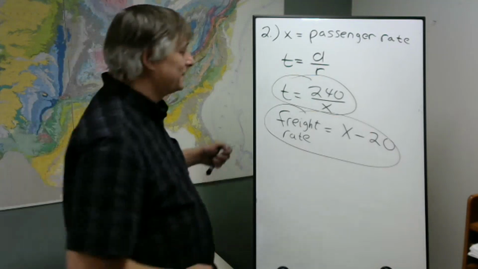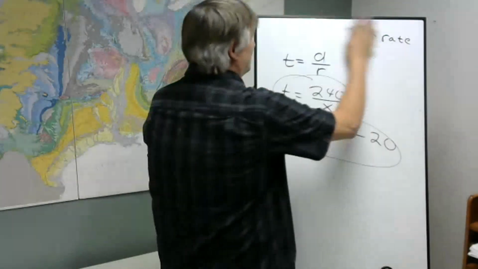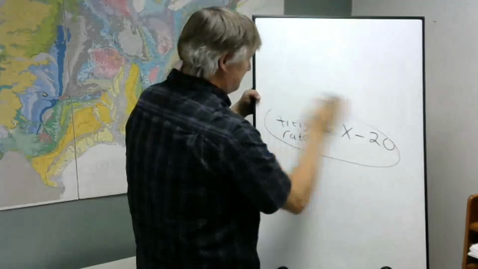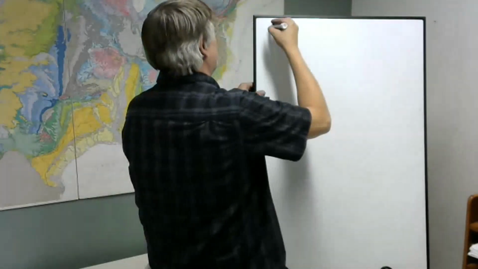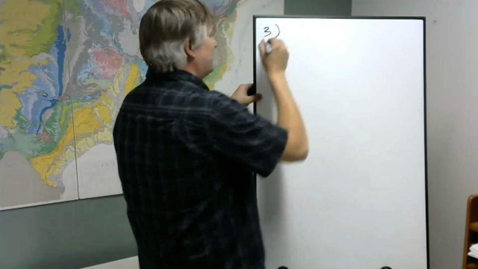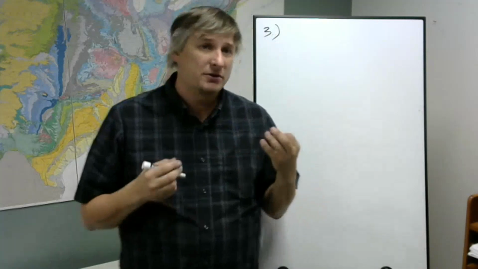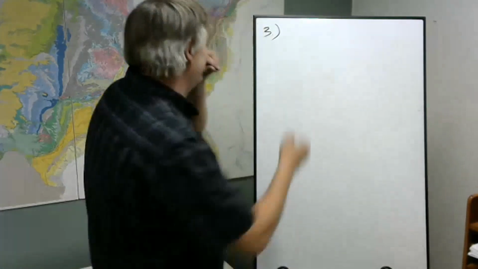Well, here's my argument. The trains travel for the same amount of time. Now, in that amount of time, the passenger train, which is going faster, will cover 240 miles. The freight train, which is going slower, only gets 160, but they're still traveling for the same amount of time.